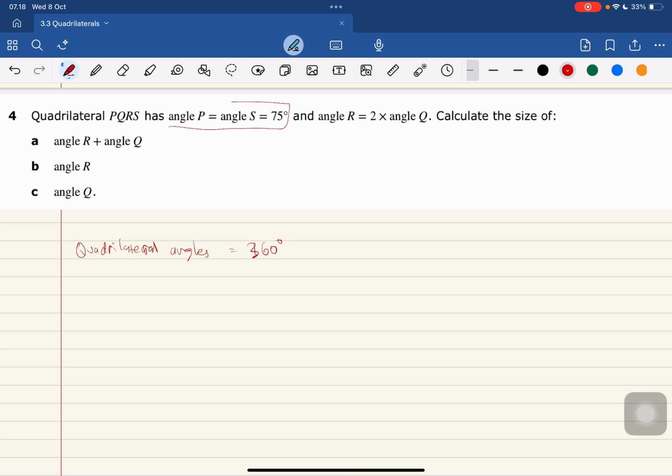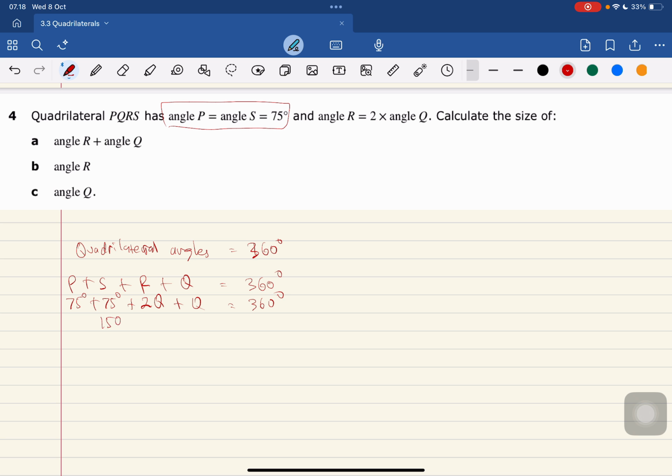So P and S we got from here, so let's write P plus S plus angle R plus angle Q equals 360 degrees. So P equals S is 75, we can write 75 here, also 75 degrees here. R equals 2Q, so we can write 2Q here, plus this Q only. Q equals 360 degrees.